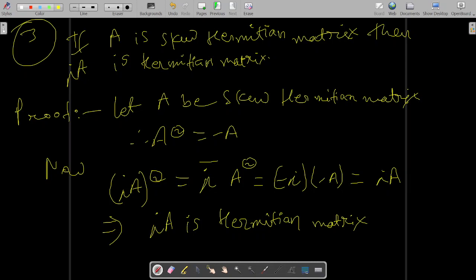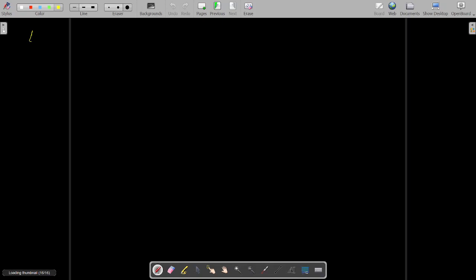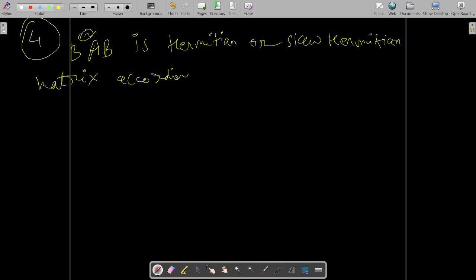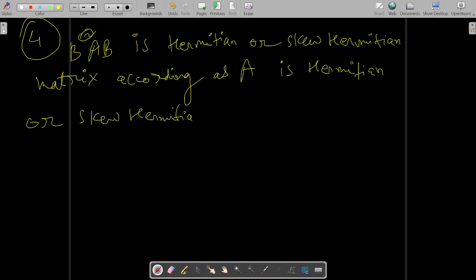Then the note number 4. B conjugate AB is Hermitian or skew Hermitian matrix according as A is Hermitian or skew Hermitian.